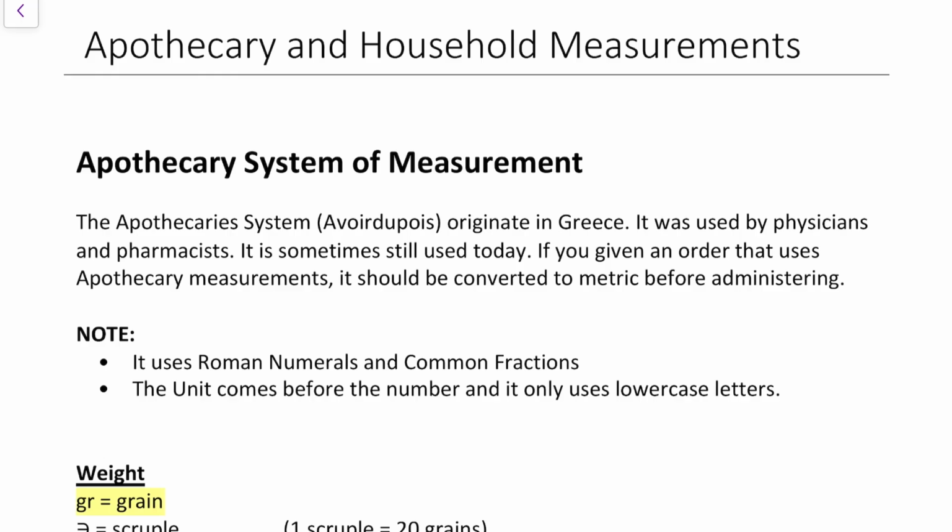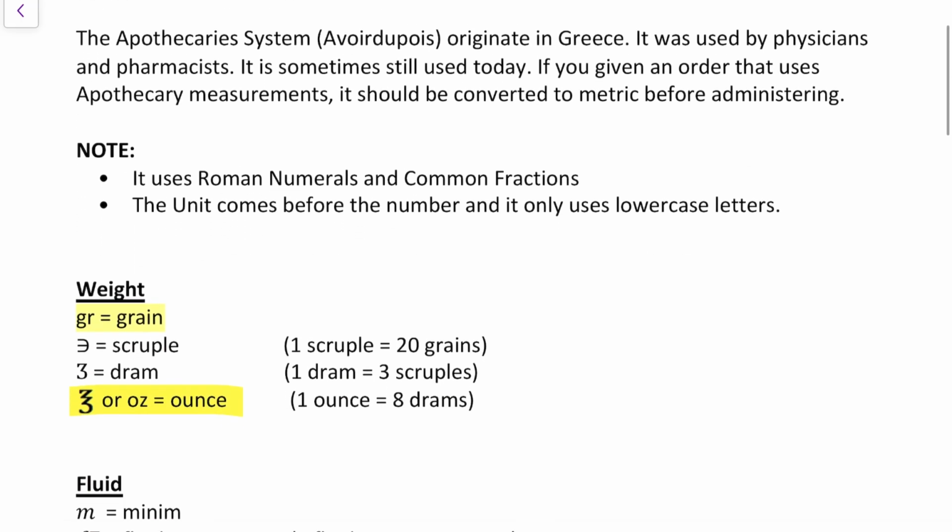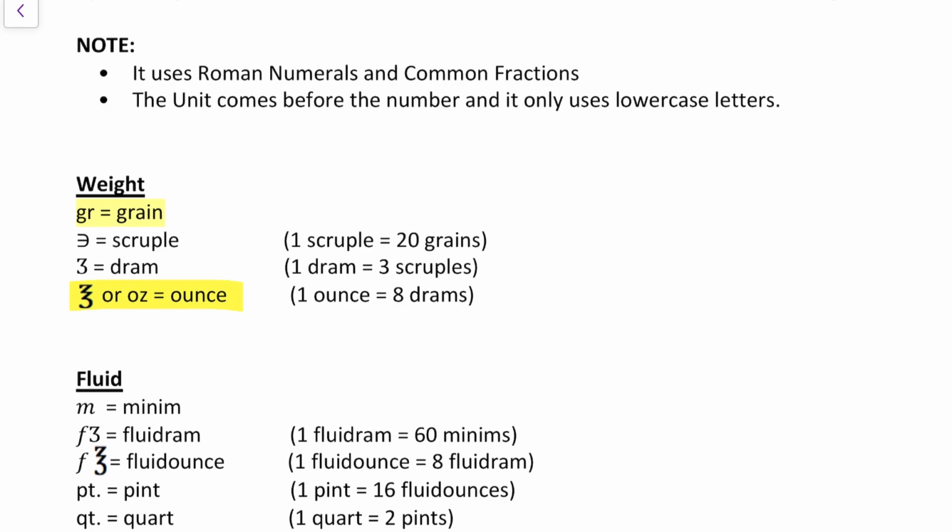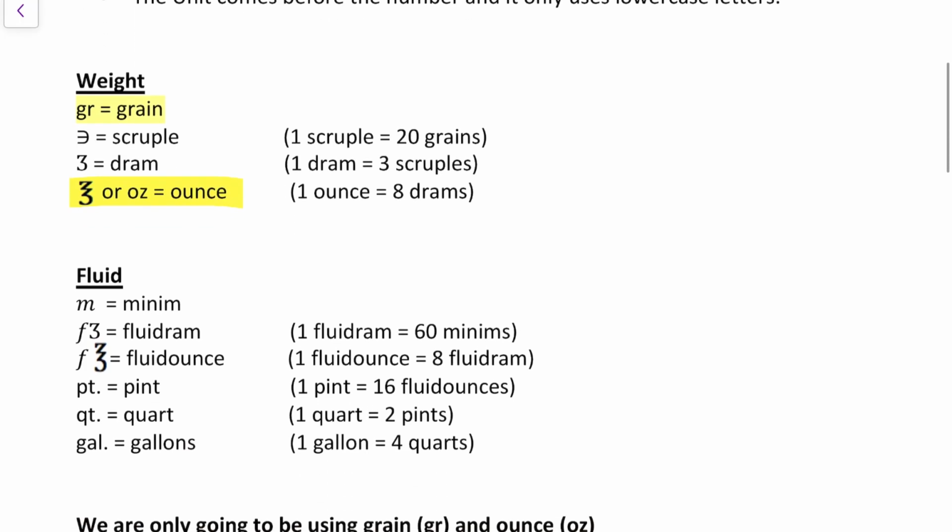It does use Roman numerals and fractions, and the unit actually comes before the number, unlike the other systems of measurement we've looked at. So here are some examples of the measurements in the apothecary system. You'll see I've highlighted grain and ounce because those are the ones we are going to be focusing on.